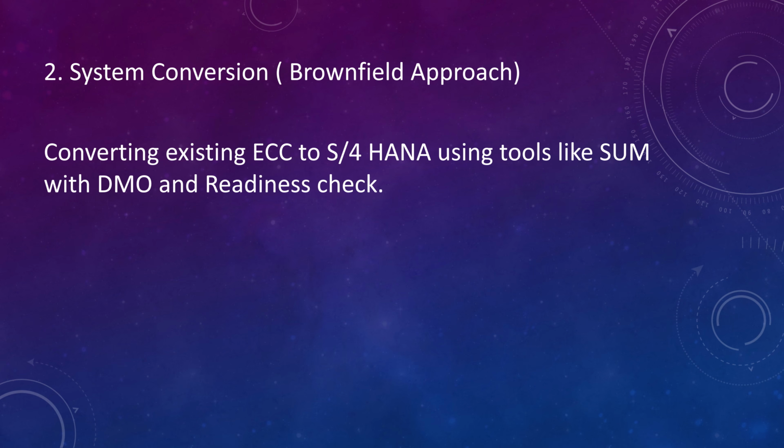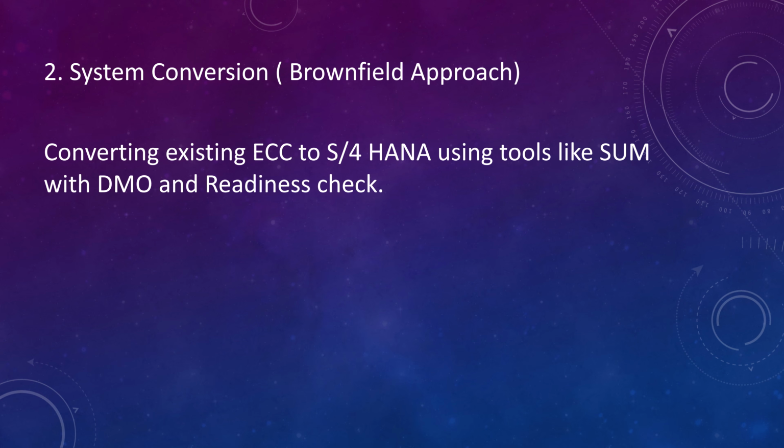Now, let's move to the second migration path, system conversion, also called the Brownfield approach. In this approach, the existing SAP ECC system is directly converted into SAP S4HANA. All your data, customizations, and settings are kept, but the system is upgraded to the new version.